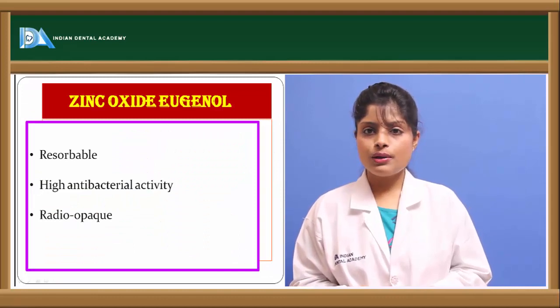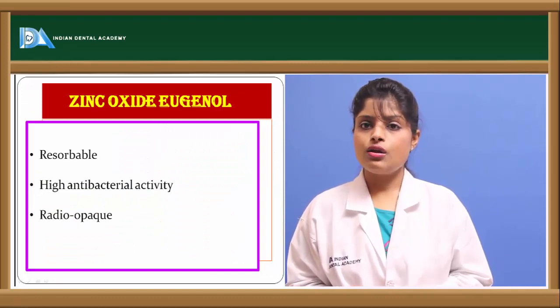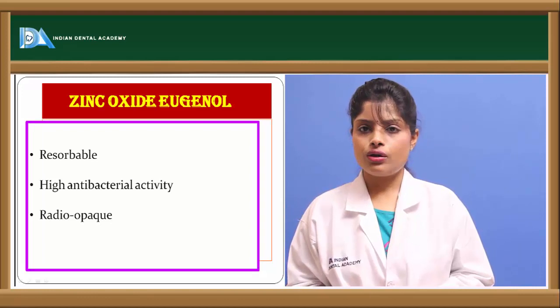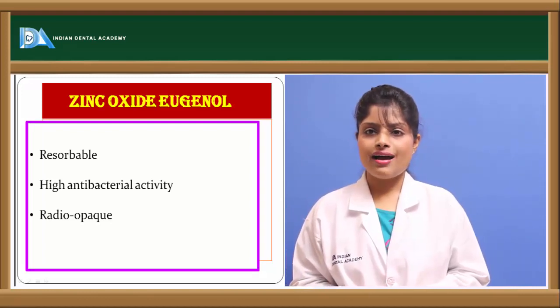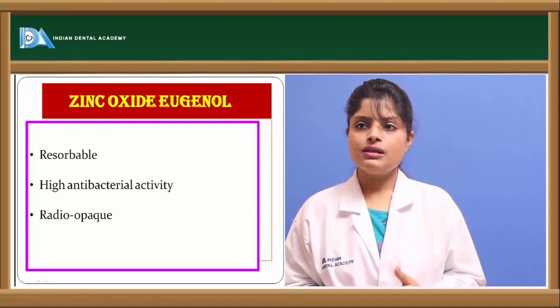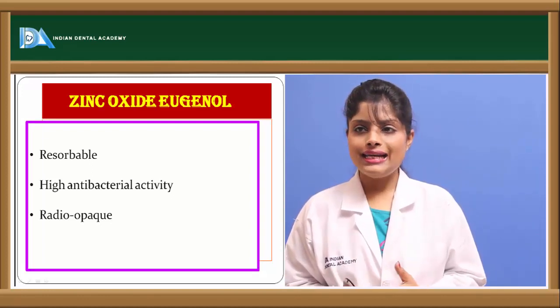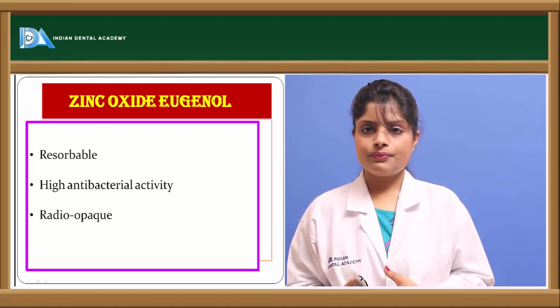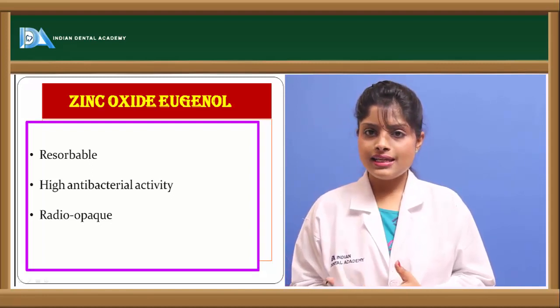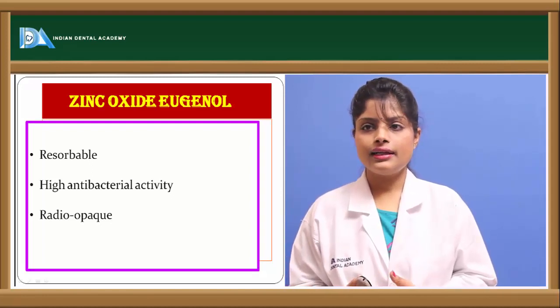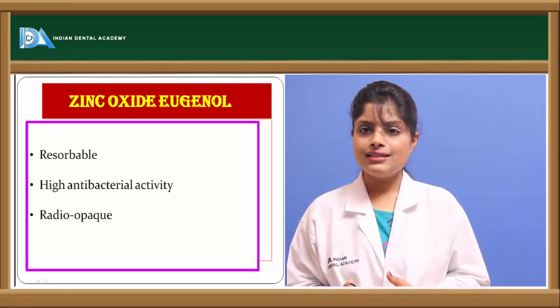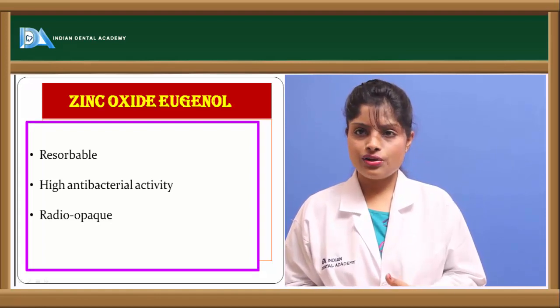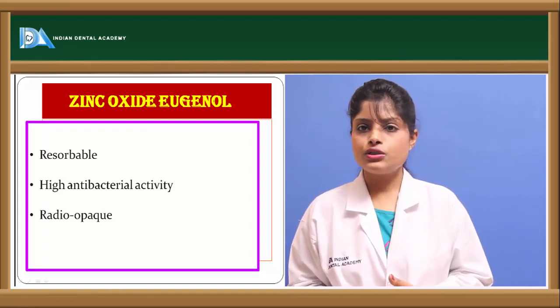One of the most primitive materials was zinc oxide eugenol. It has biocompatible properties and is highly bactericidal. It will cease any infection in the canal. It's radiopaque in nature, so it can be easily identified in radiographs, and is resorbable too.